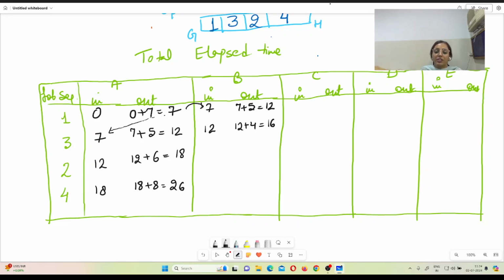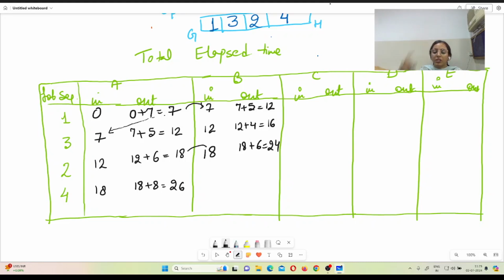Right. Now the point to remember is this is 16. Though B has done its work at 16 hours, the job number 2, when it is processed in machine A, is done at 18 hours. So this machine has to wait for 2 hours, remain idle, because it will start at 18 only, right? Remember this point. Now the processing time is 6 hours. 18 plus 6 is equal to 24.